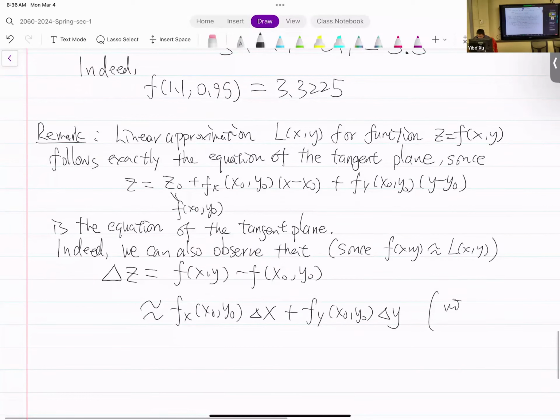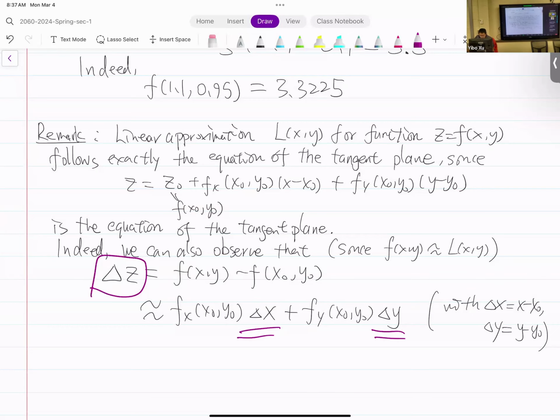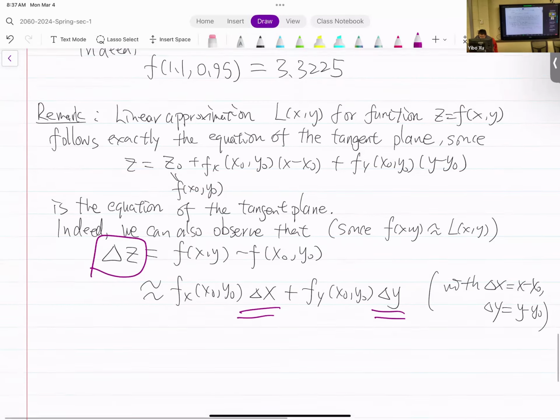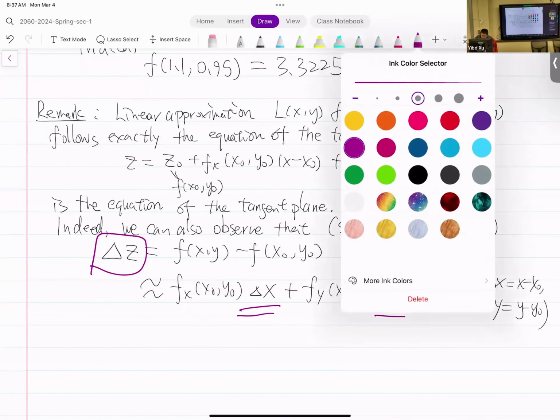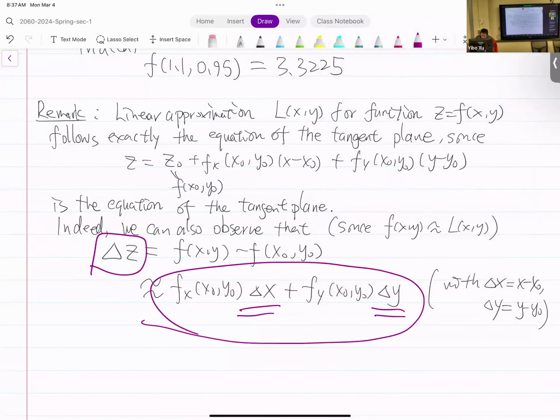Here, delta x is exactly x minus x0. So it's the same kind of notation if you are thinking about the exact change in the inputs. Basically, the exact change in input is delta x, delta y, and the true output change is delta z, right? So this right hand side is the differential if you switch to dx, dy notation.